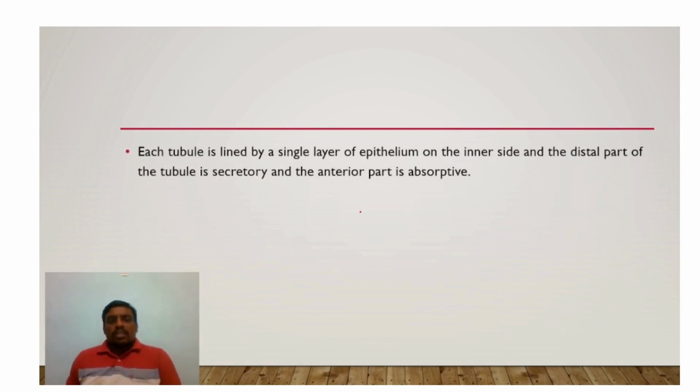Now, if you carefully see, each tubule is lined by a single layer of epithelium on the inner side, and the distal part of the Malpighian tubule is secretory and the proximal part is absorptive.